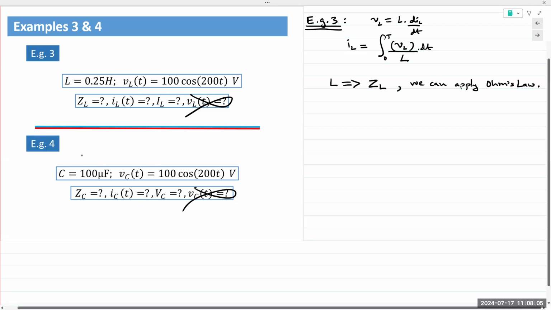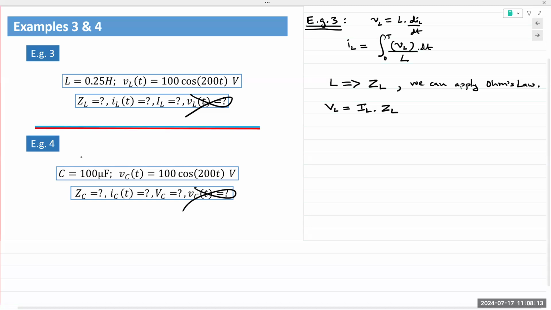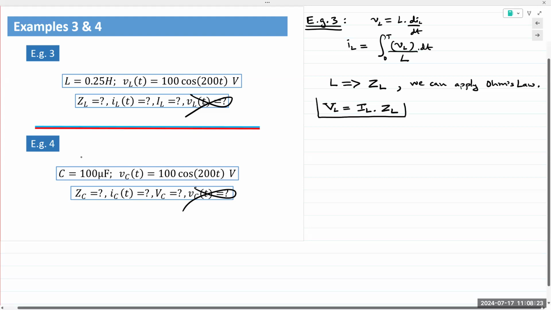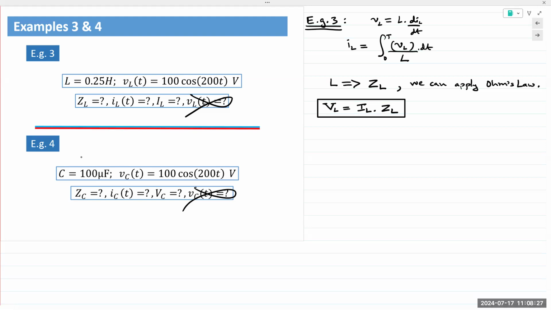We can directly write VL is IL times ZL. I'm using a slightly different variation of the uppercase letters just to indicate they're all complex numbers.